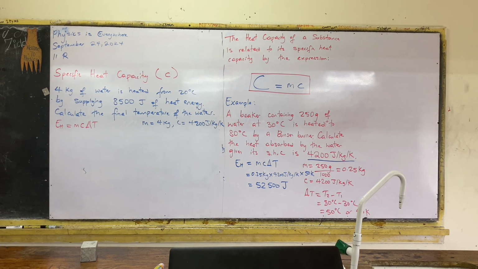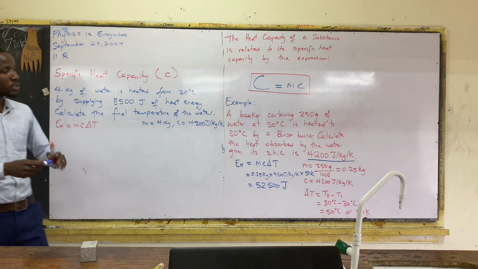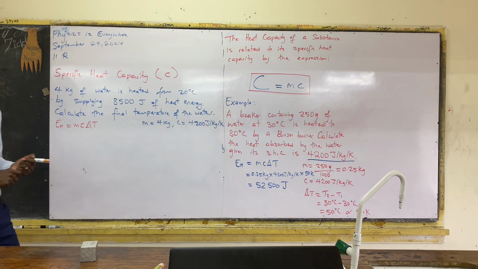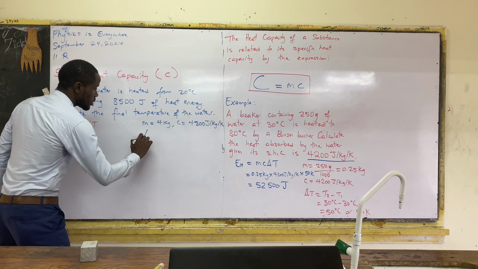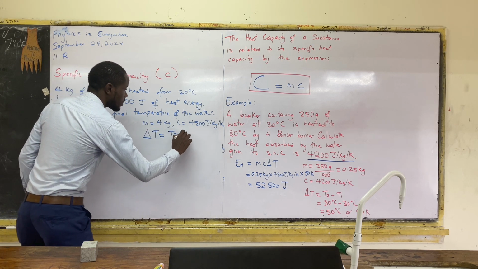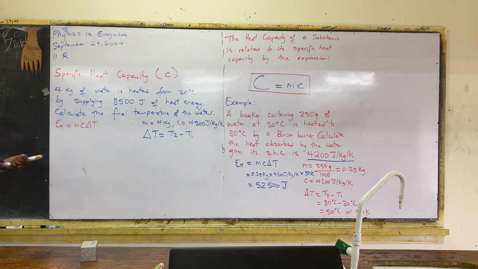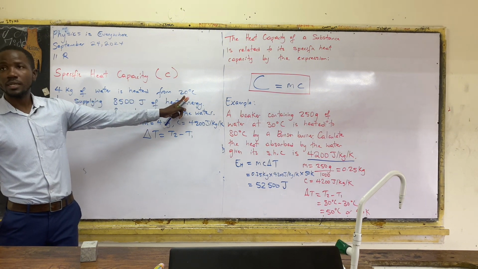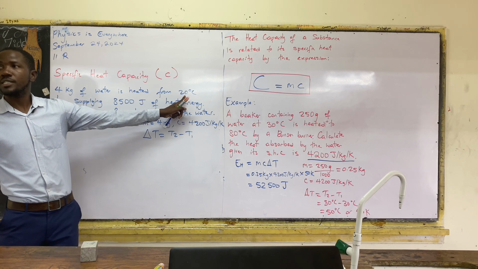So the specific heat capacity of water is always 4,200 joule per kilogram per Kelvin. Now, we can remember that delta T is equal to T2 minus T1. We have T1 because we're given that it was at this and it was heated to some final temperature that we don't know.